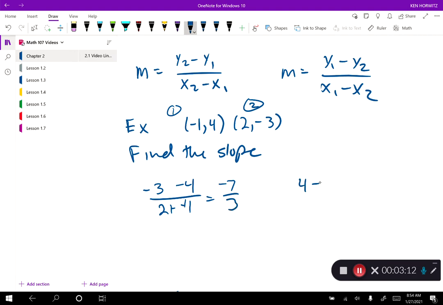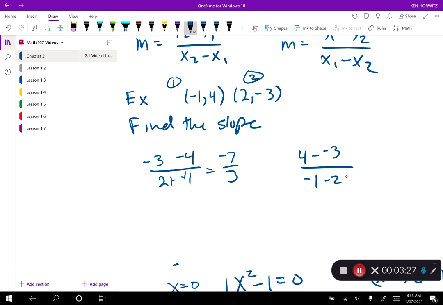And then I would get 4 minus -3 over -1 minus 2, and that would be 7 over -3, which either way would be the same number. So what you see is that it's not necessarily the order of the formula that matters. It's being consistent with which one's point 1, which one's point 2, and plugging in the right x and y values.